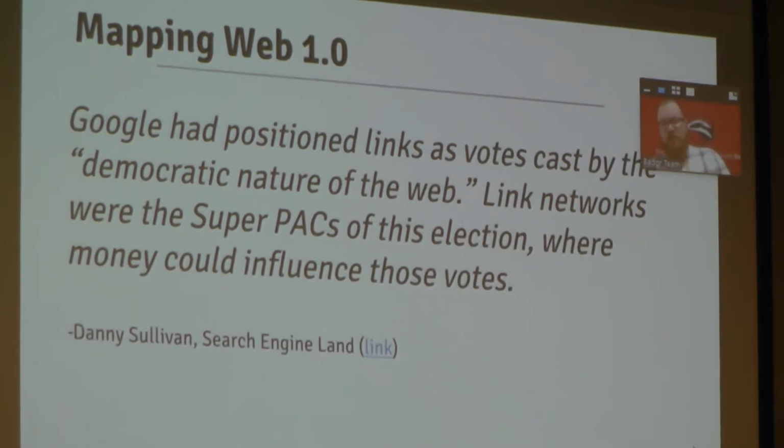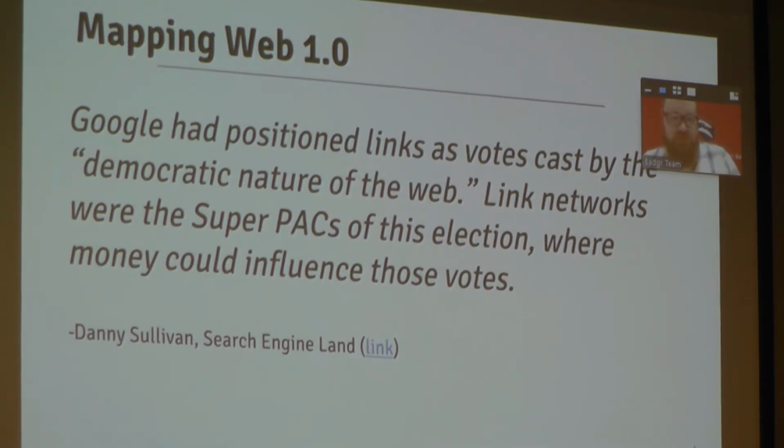People should understand the algorithms that mediate people's experience of the world, and they should be able to respond to them. And in some ways, this created the ability for people who had the money to just win the game. And so what Danny Sullivan, who's one of the leading commentators on search engine technology, says is that link networks were the super PACs of this election.